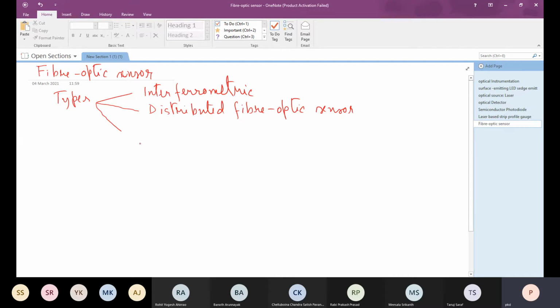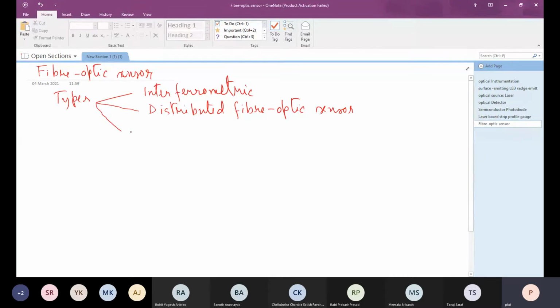There are other solutions, like wireless distributed sensors, but truly distributed ones would be fiber optic sensors because the fiber is laid down in a continuous fashion.